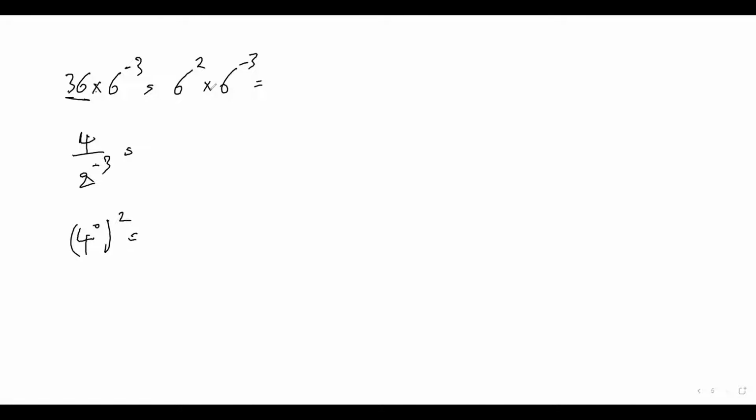This is multiplication, and since the bases are same, what you can do is just add the indices, which gives us 2 plus minus 3, or 2 minus 3, it's the same thing. The answer is 6 to the power of negative 1, which is 1 over 6, right? So that's the final answer without using a calculator.